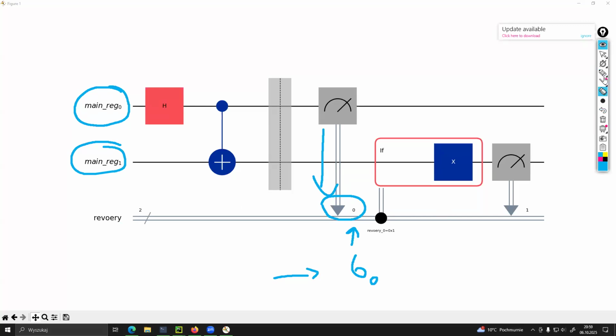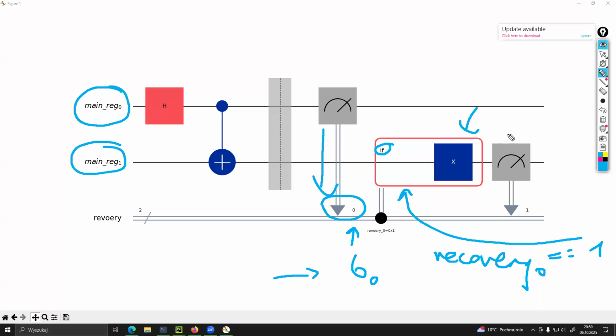But now what happens is that when the classical register bit 0 is equal to 0x1 in hexadecimal, so 1, this is a bit, right? This condition will execute, and this X gate will also be executed and will be added.